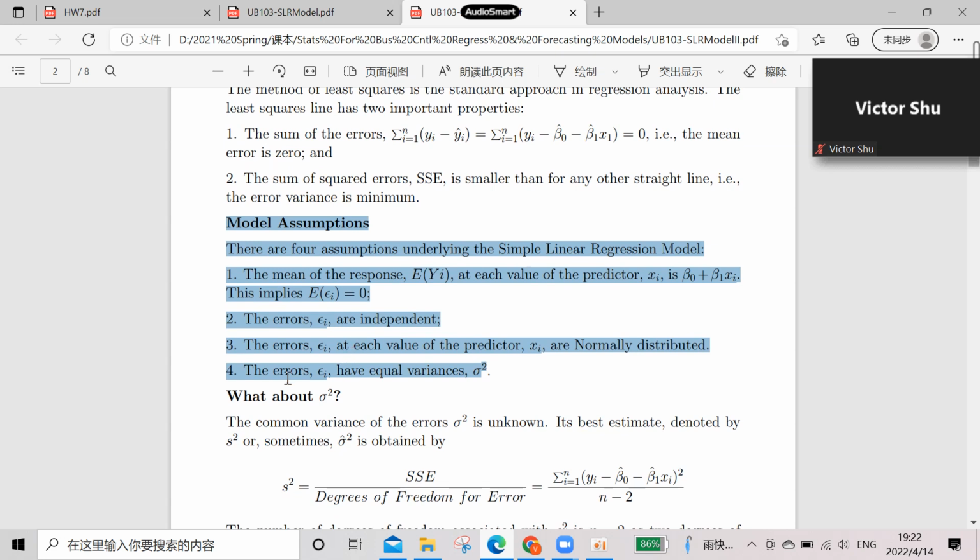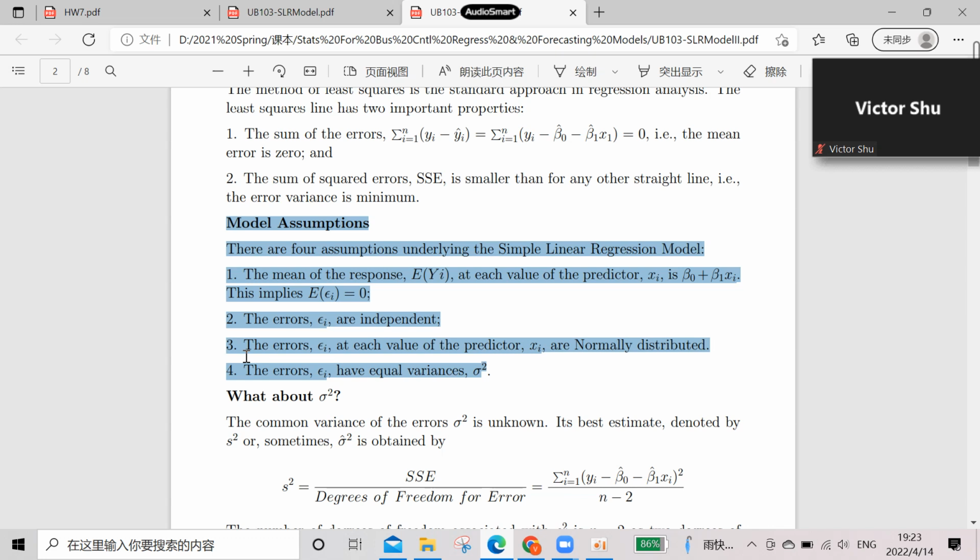And the third one, the errors at each value of the predictor are normally distributed. So sometimes my fitted line is above my actual value, sometimes it's below, right? That means my residuals, sometimes they should be positive and other times they should be negative.